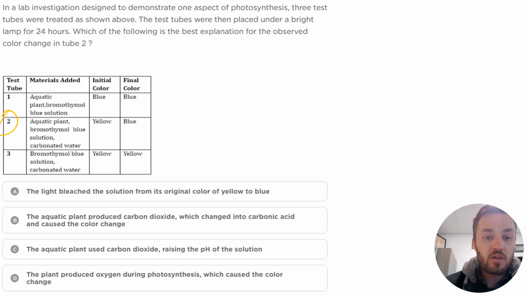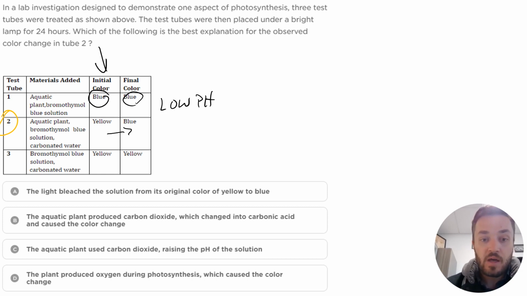I noticed that the initial color is blue, which means that the pH is low in that first one, right? That's a low pH if it's blue. So in number 1, where there's a plant and the solution, it always stays at a low pH. In this one, where there's a plant and there's the carbonated water and the bromothymol, over time it turns blue.